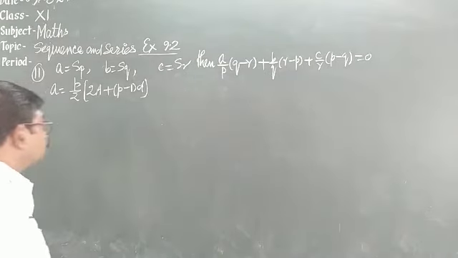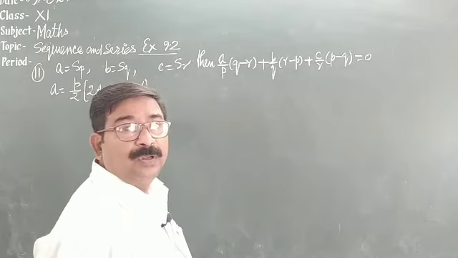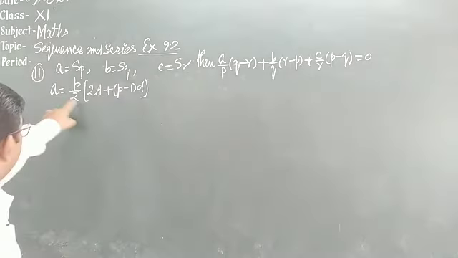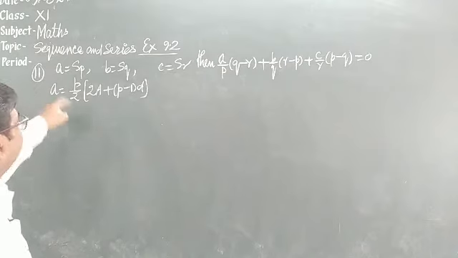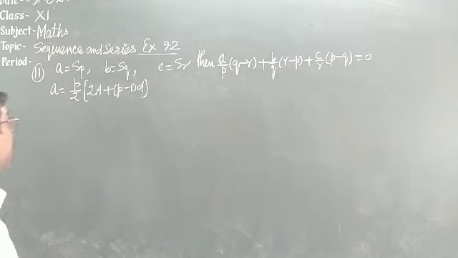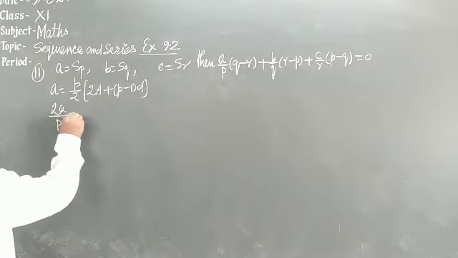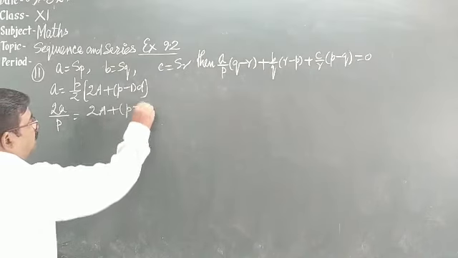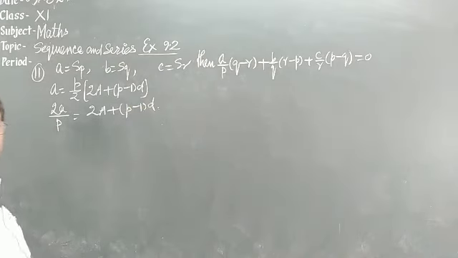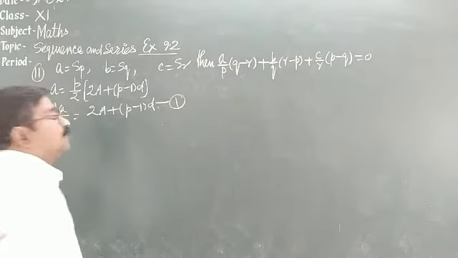See, we need to prove A upon P into this much. So here we have A is equal to this much. By cross multiplying this term, we can write 2A upon P is equal to 2A plus P minus 1 into D. This is equation number 1.